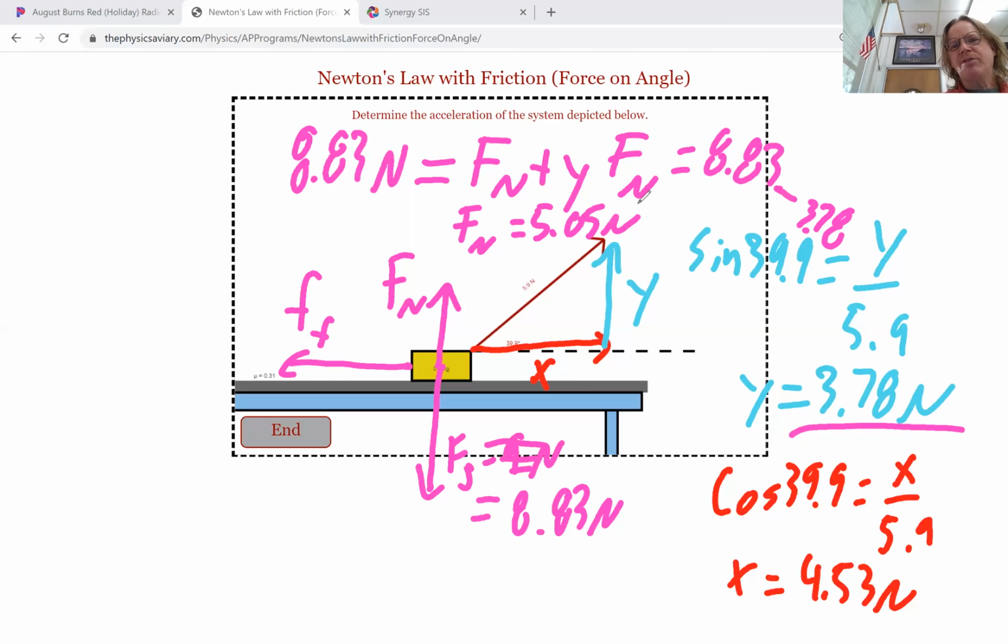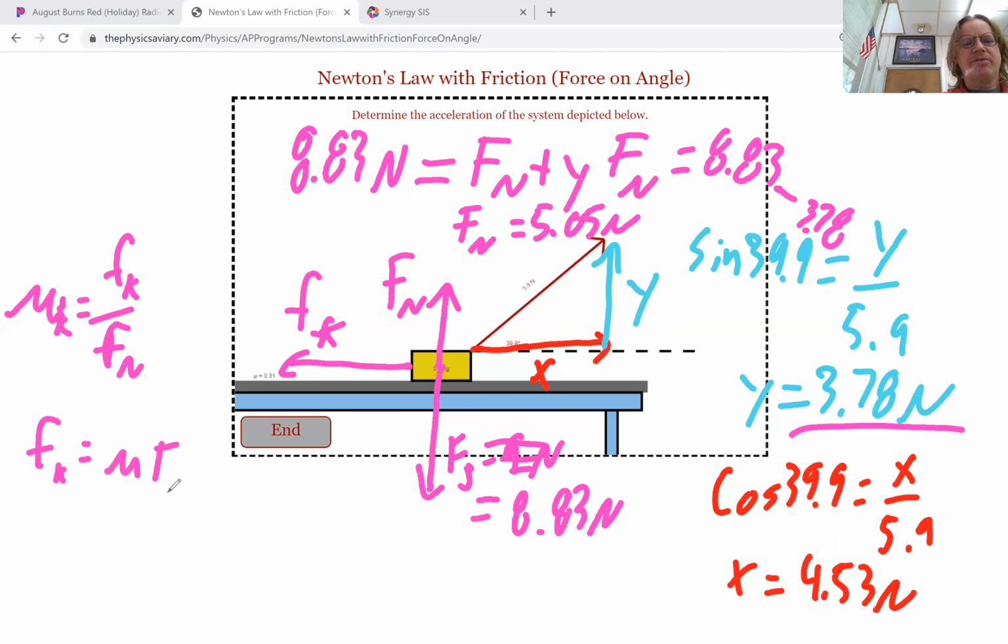The reason I have to do that is I don't know what my friction force is, so I can't find my acceleration without knowing my friction force. So the coefficient of kinetic friction, I'm assuming it's moving here, is the kinetic friction force over the normal force. And if I'm solving for that kinetic friction force, that is the coefficient times the normal force.